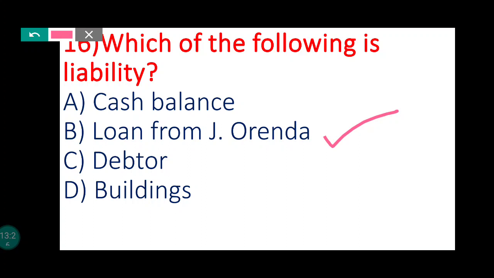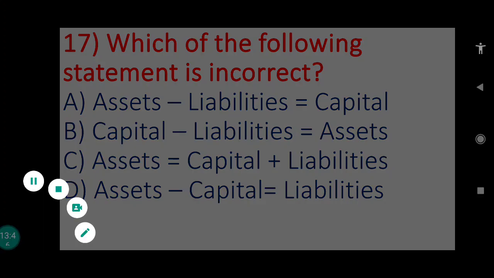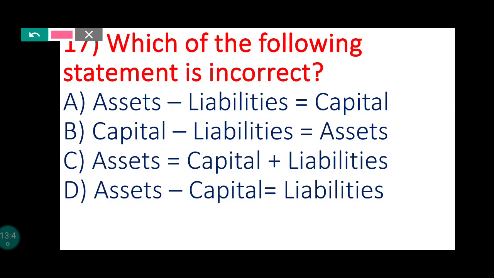Okay. Then the next one, which of the following statement is incorrect? Which are the statement given? See, first one, assets minus liability is capital. See, we saw in the previous transactions, we saw the equation asset equal to capital plus liability.